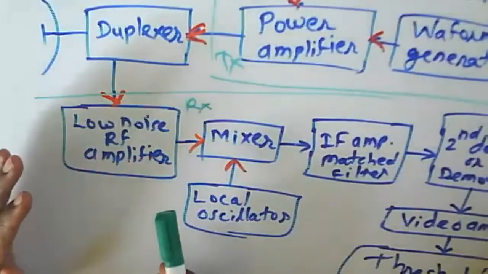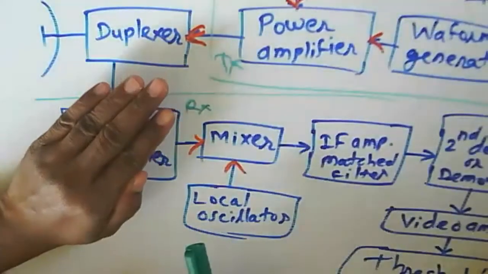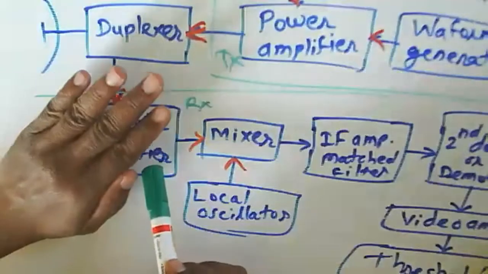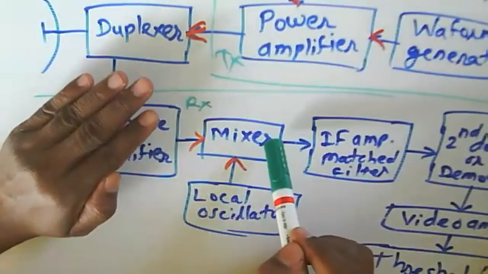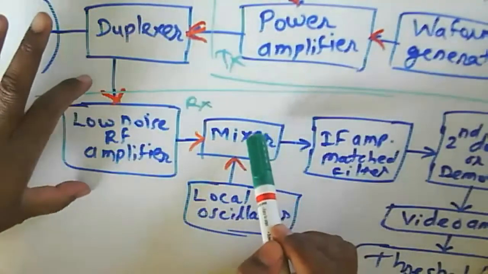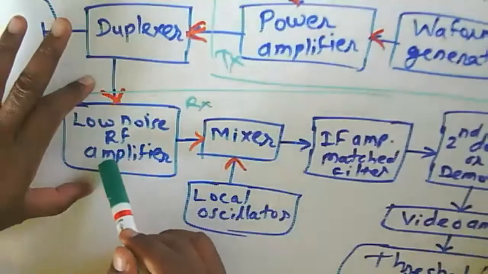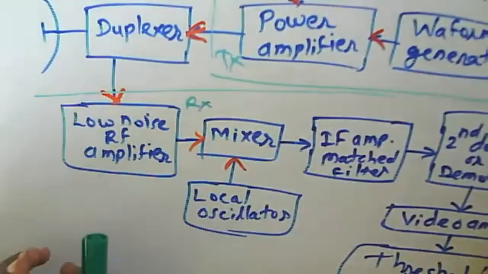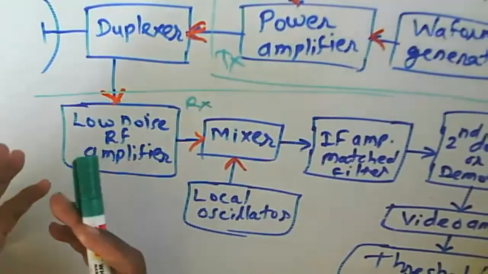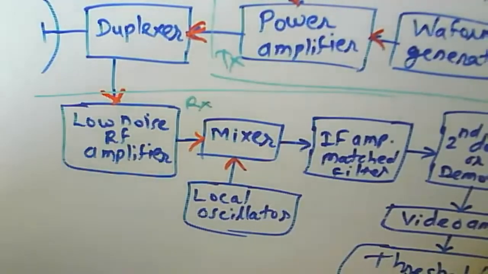Some radars don't have a low noise amplifier; they have the mixer directly. Some have the low noise amplifier. Why? Because if we use a low noise RF amplifier here, it will take time to read the signal or to read the object.